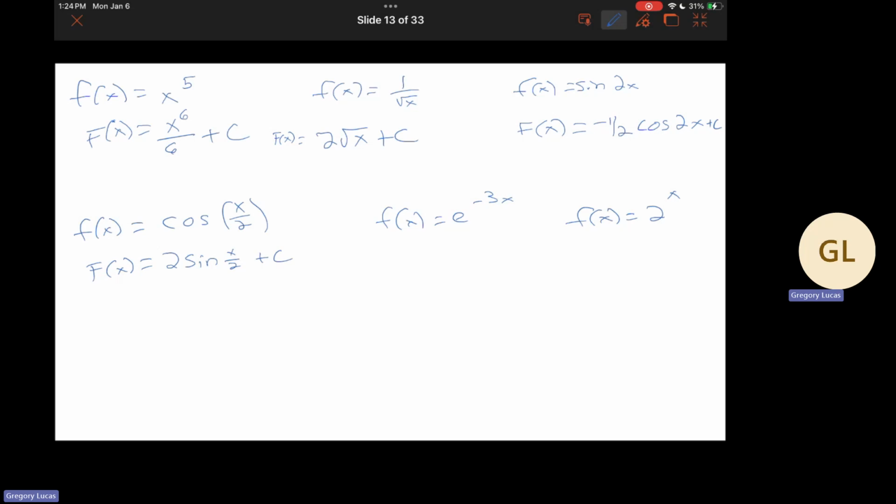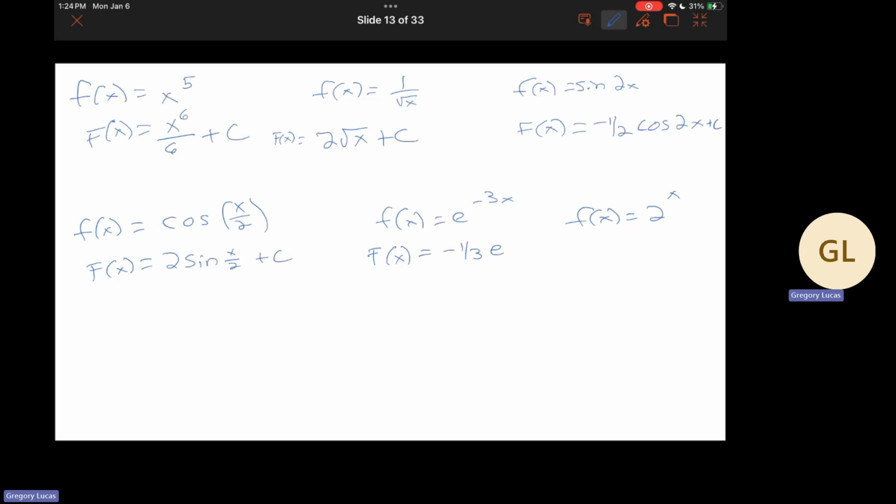So a good way to check is to take the derivative of the new function that you find. And if it's correct, then you found the antiderivative. And then soon we'll learn some rules. For right now, we're trying to figure it out by working backwards. So again, I would need to think about the chain rule here.